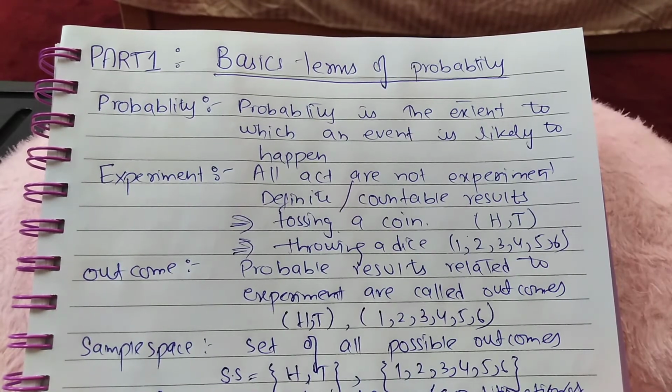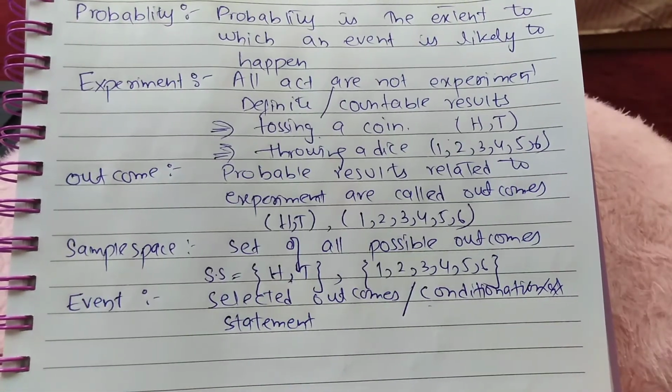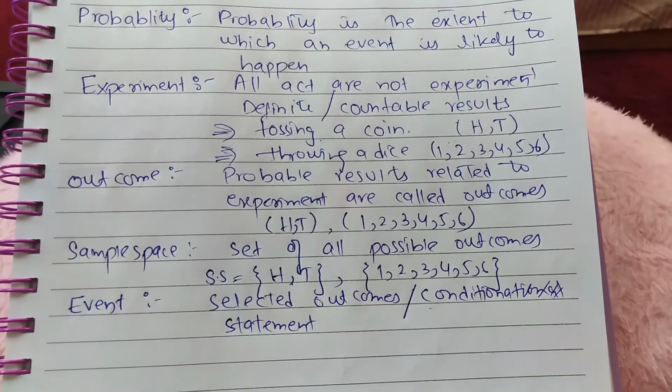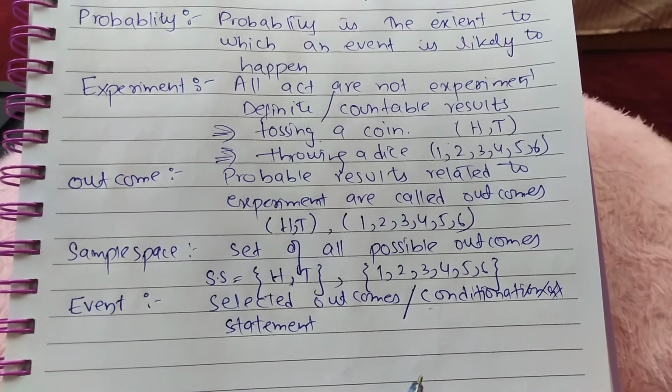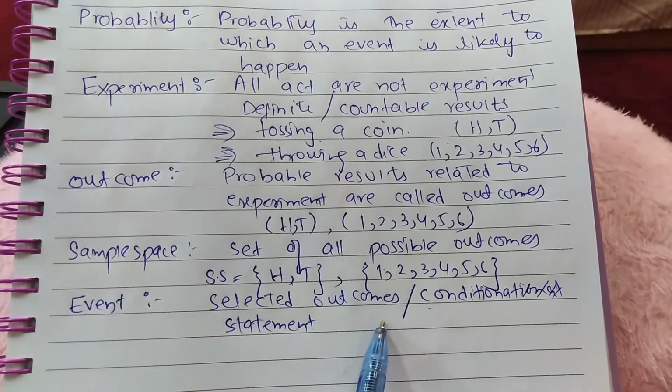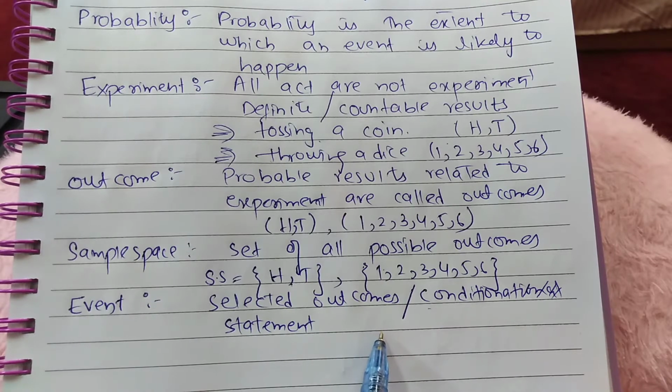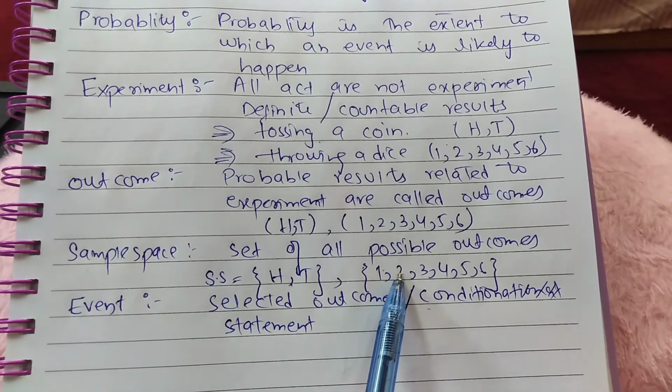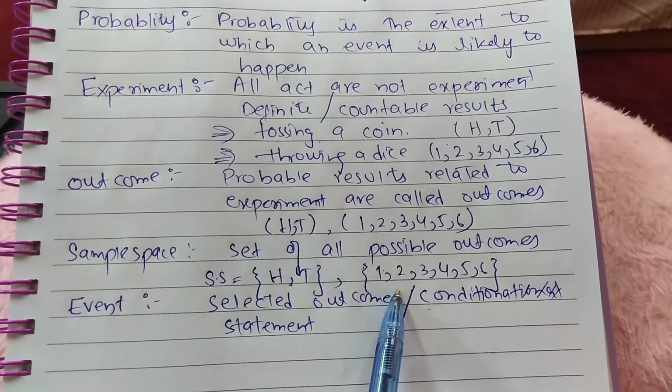For example, if we throw a dice, how many numbers will be even? So this is a condition. From sample space we will select how many numbers are even, or another event is by throwing a dice, how many numbers will be odd. So from sample space we can select the numbers that are odd.